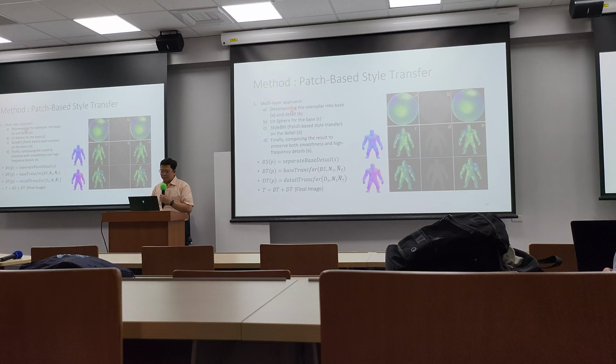We decompose the exemplar into the base and the detail, and we use sphere projection to create this one. Then we use the Sky Wright et al. 2019 style transfer for creating this one, and then we compose both images, so it can preserve both smoothness and high frequency details.